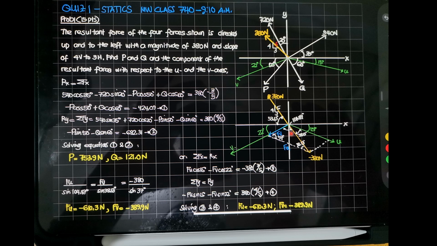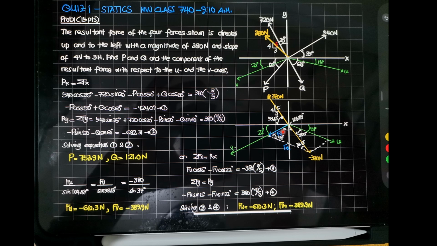Now, this angle, remember, is 20 degrees. If that is 20 degrees, then this angle is 90 degrees minus 38.13 degrees minus 15 degrees, and that would be 36.87 degrees.